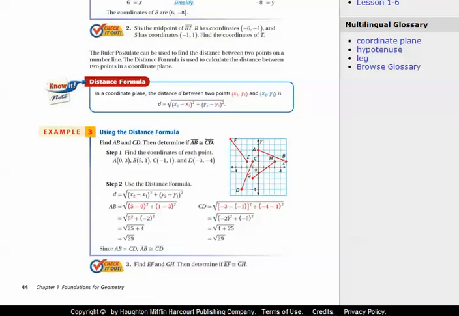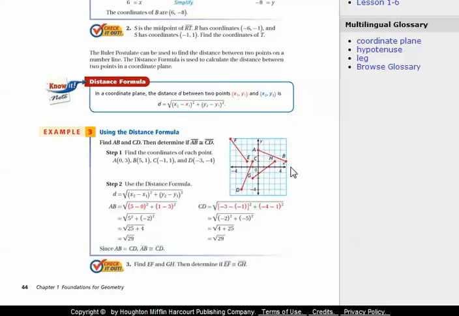The distance formula is another important formula that you want to make sure that you get down. This one's a little bit more complicated, but basically we're finding the distance between 2 points. Okay, the distance of a segment. And it has to do with your coordinates of your endpoints again.